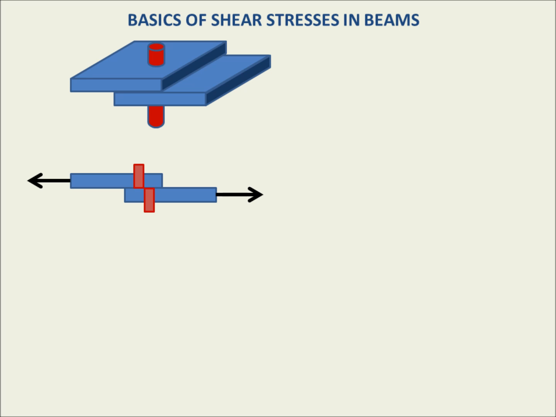Now I should mention right now that in order to go deeper into this and understand the mathematical representations that we're about to indulge in, a knowledge of bending stress is assumed. So watch the first two parts of our bending stress series, Basics of Bending Stress Analysis and Design, parts 1 and 2, where we come up with the section modulus and the Mc over I equation and the moment of inertia.